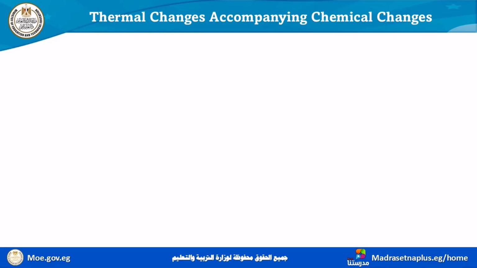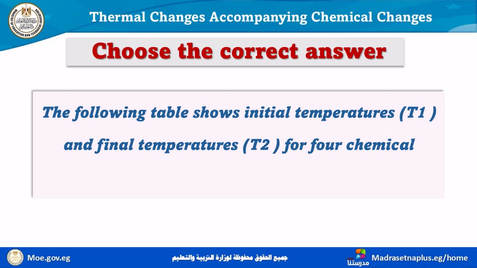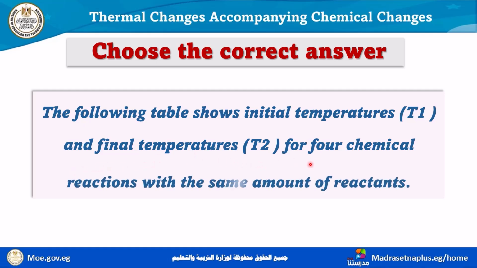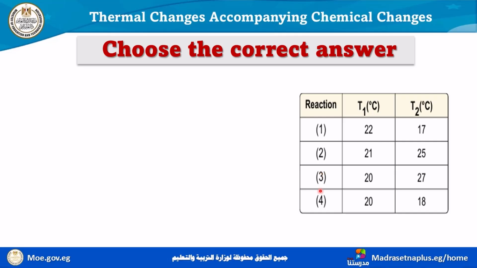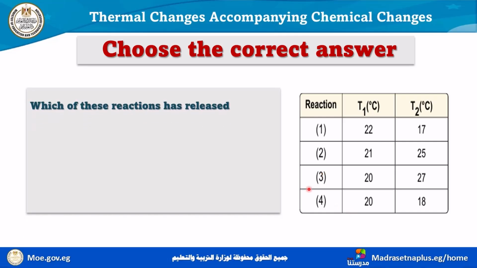Choose the correct answer. The following table shows initial temperature T1 and final temperature T2 for 4 chemical reactions with the same amount of reactants. So this is our table, and the question is, which of these reactions has released the greatest amount of thermal energy?